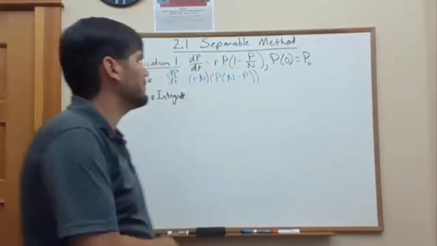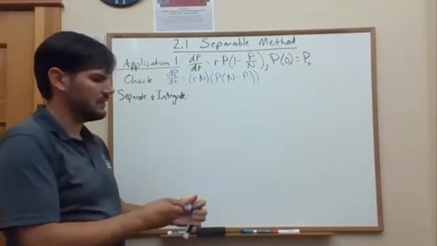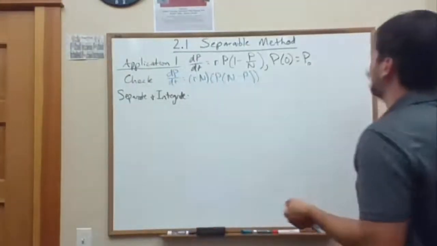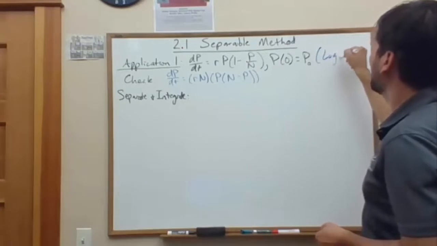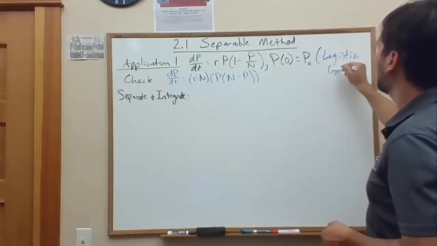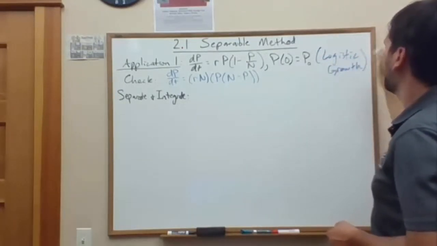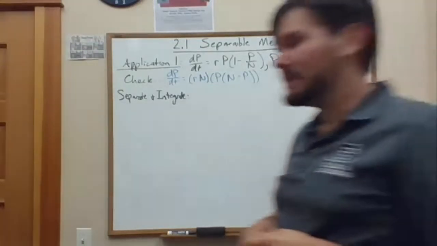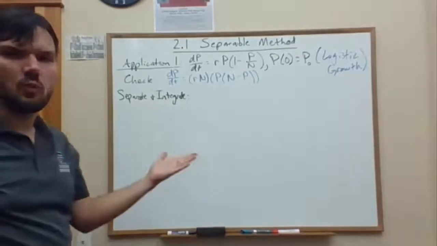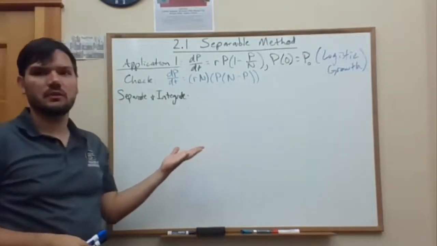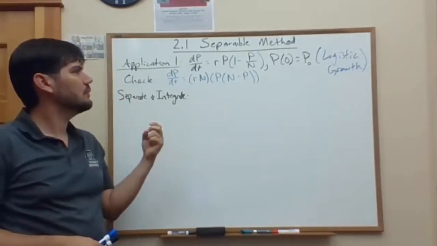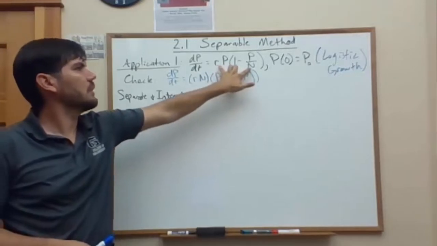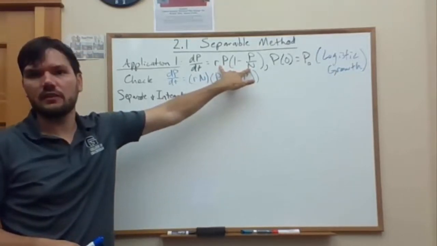This is application number 1, the logistic equation, or logistic growth model. This one's interesting because, 1, we have different letters to work with, and 2, we have parameters as well as variables.